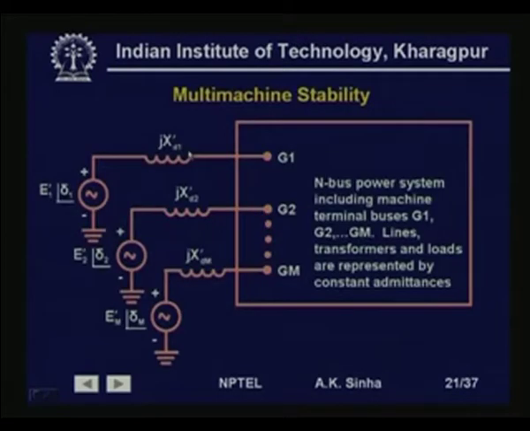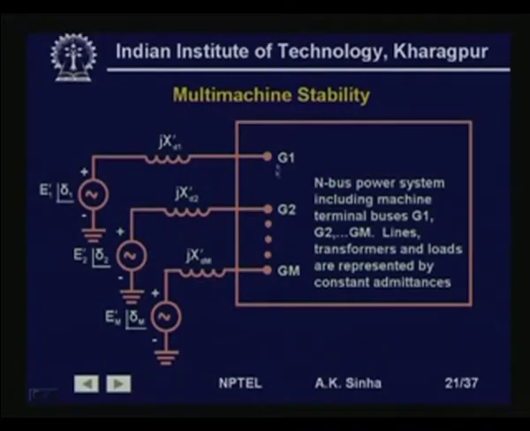Next, we will talk about multi-machine stability, because now that we know how to plot the swing curve for a machine, in case of multi-machine where we have a large number of machines, we can plot the swing curve for all these machines. The only difference is that now we have a large number of machines connected to the network, and so we need to solve the network at each time step.